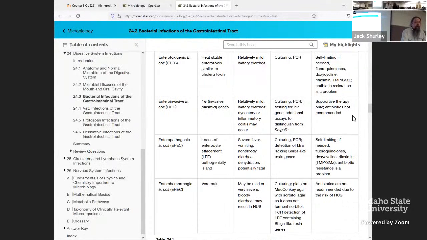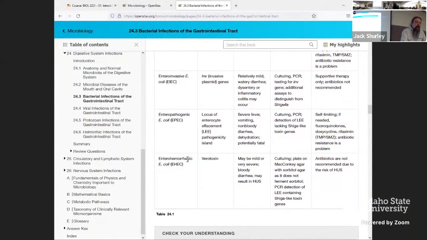Supportive therapy, fluid replacement, not antimicrobials, because it runs to greater cell death with that. The enteropathogenic, fever, vomiting, non-bloody diarrhea, as opposed to the last one, right? Dehydration and possibly fatal. There are some instances where antimicrobials are warranted, but usually, again, we try to avoid.